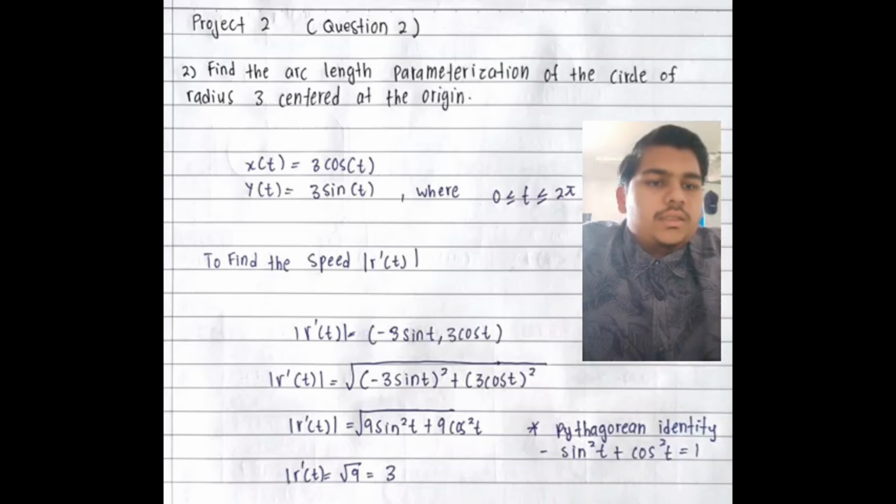We get the square root of 9 sin² t + 9 cos² t. As we know from the Pythagorean identity, sin² t + cos² t equals 1. So we get the square root of 9, which equals 3.